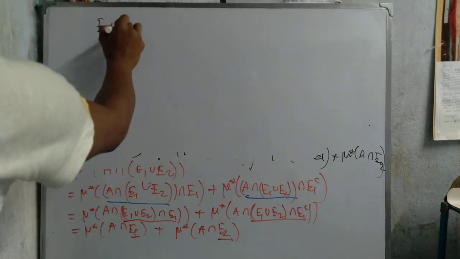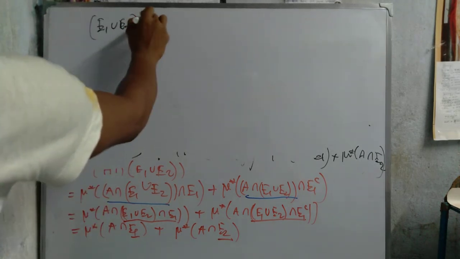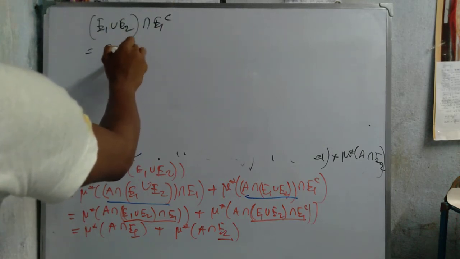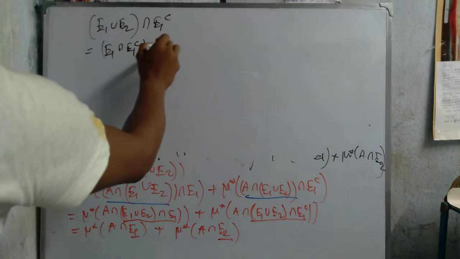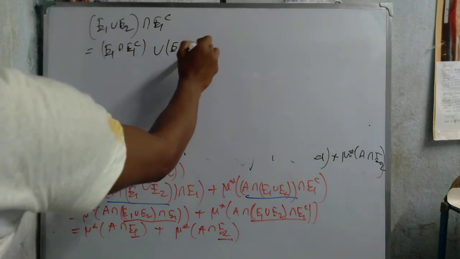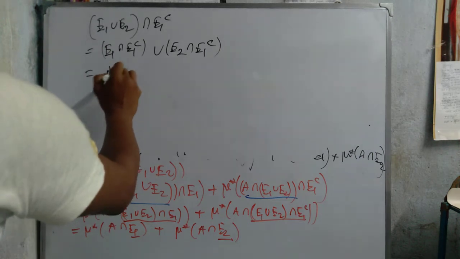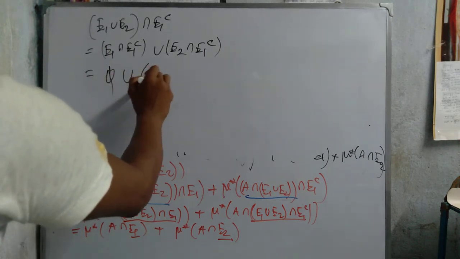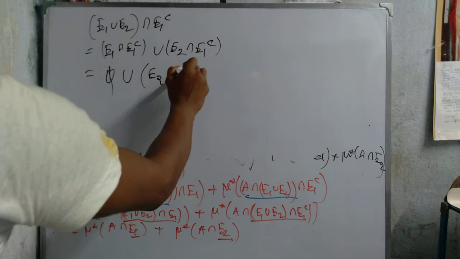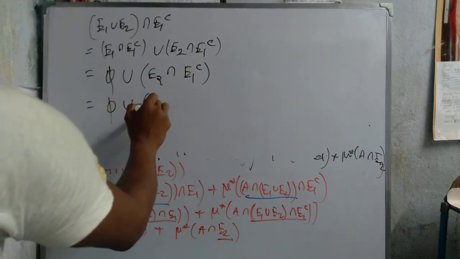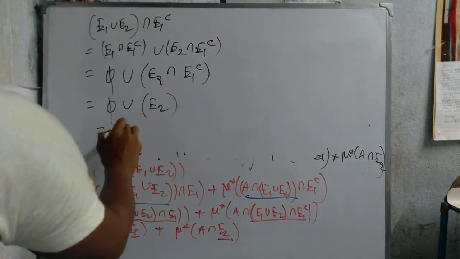E1 union E2, intersection E1 complement, equal to what? E1 intersection E1 complement union E2 intersection E1 complement. Here E1 intersection E1 complement equals phi, union E2 intersection E1 complement, equal to just E2. Then this one is E2.